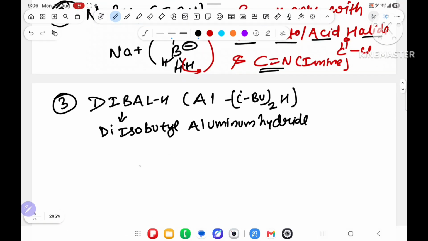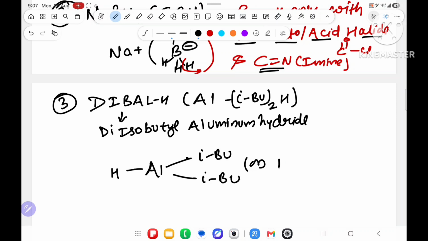Sir, what is the structure? Aluminum is there, here hydrogen, over here isobutyl and over here isobutyl. Di-isobutyl aluminum hydride, or hydrogen, Al, over here isobutyl means 1 2 3 4, over here 1 2 3 4, di-isobutyl aluminum hydride.